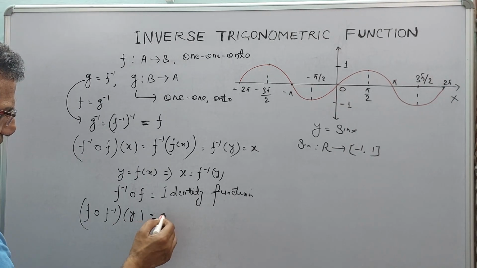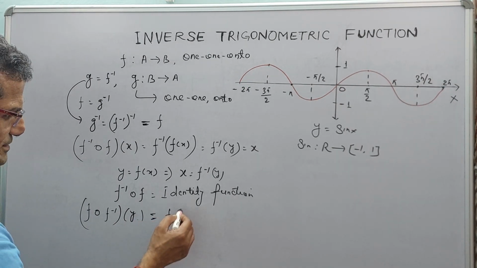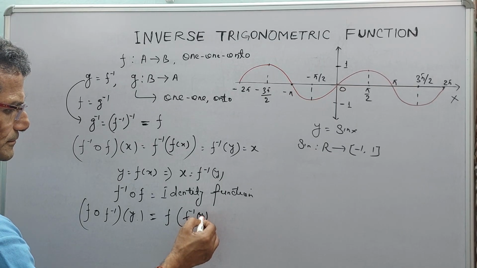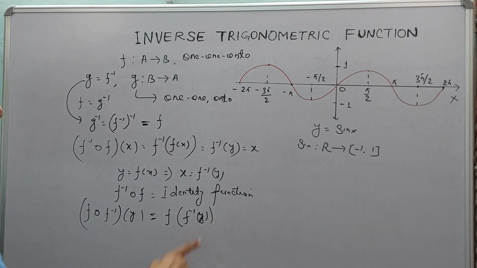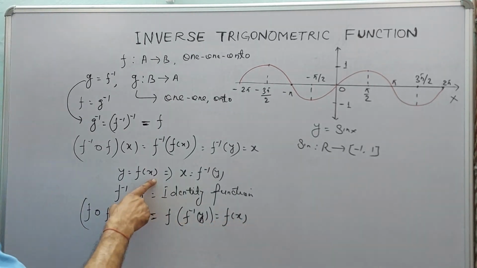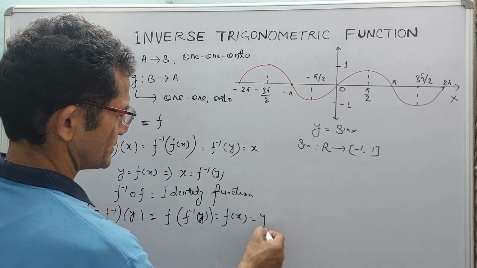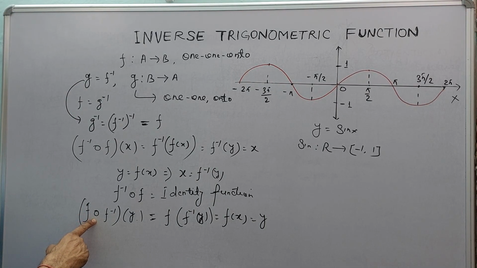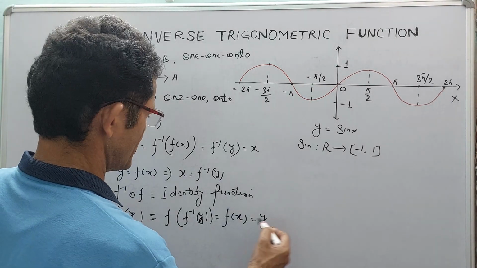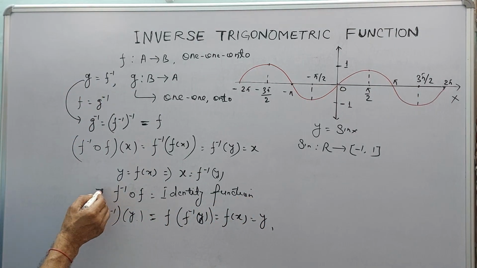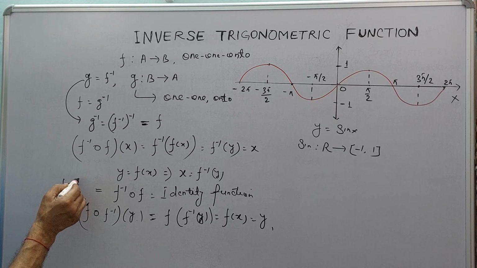So in the definition of the function, it can be written as f of F inverse of y. We know that F inverse of y is x, it becomes f(x), and f(x) is equal to y. So once again, f composed with F inverse will also be an identity function. The same thing happens here: f of F inverse.